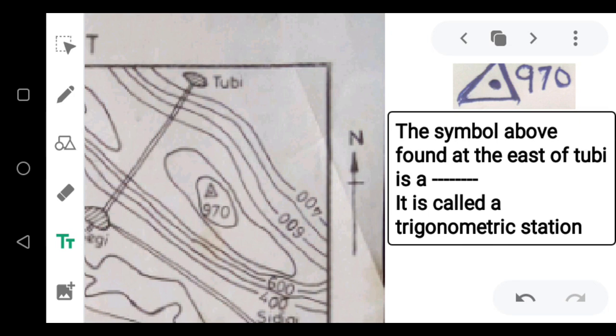So surveyors fix those beacons to determine the position of places and features. That is a trigonometric station. Don't forget it.